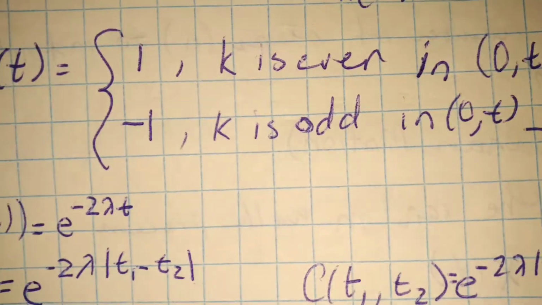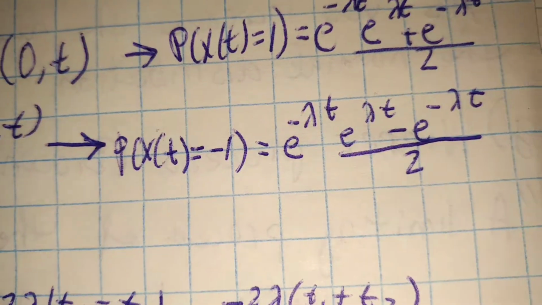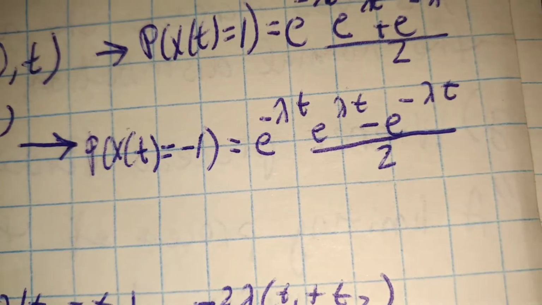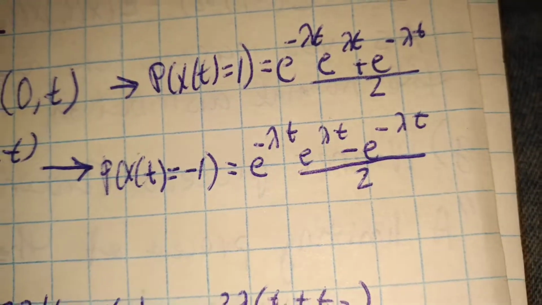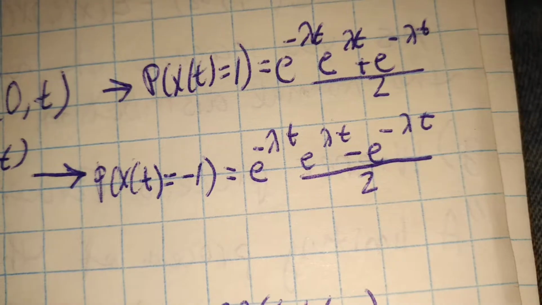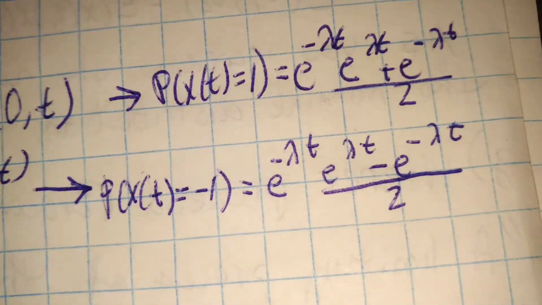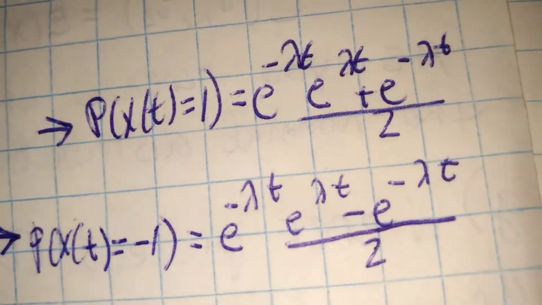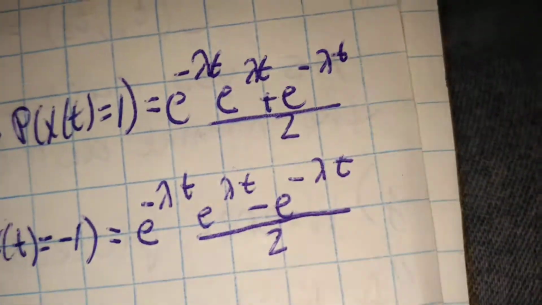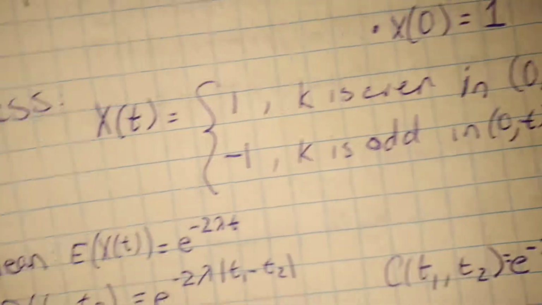And then it's equal to -1 when k is odd in 0 to t, and the distribution looks like P(X(t) = -1) is e^(-λt) times (e^(λt) - e^(-λt))/2. So those two are different. With one of them you add the 2, and in the negative you subtract.